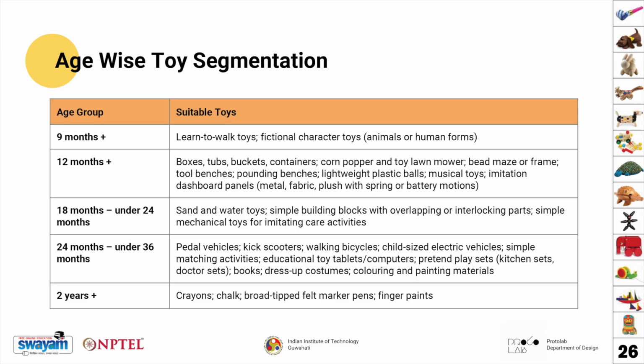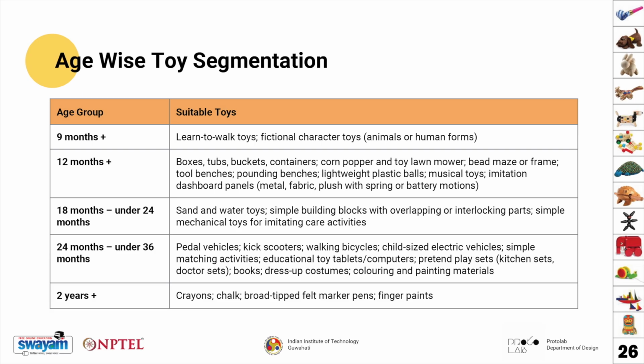Between 18 months and 24 months, children begin to imitate everyday activities. Sand and water toys, simple building blocks, and basic mechanical toys help develop creative coordination and early role play skills. From 24 months to 36 months, toddlers become more physically active and socially aware.